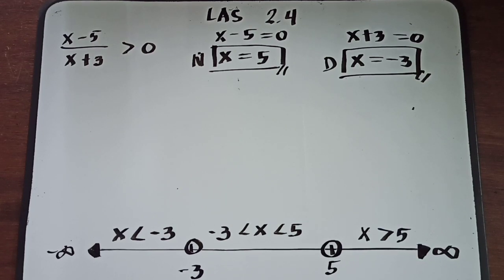Okay, so once we have the intervals, we will set a test value and check whether the test values satisfy the given inequality. So that you will know which among these three intervals are included in our solution set.